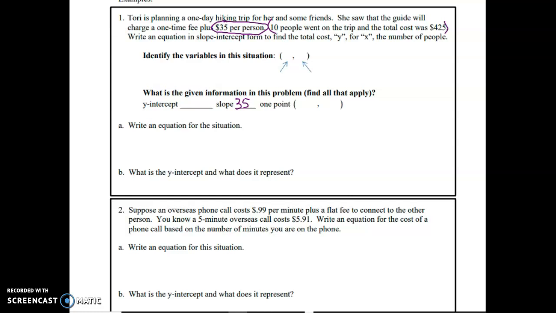Okay, so it says X is the number of people and Y is going to be your cost. So I have a point, 10 people. My bill was, nope, not $35, $425.